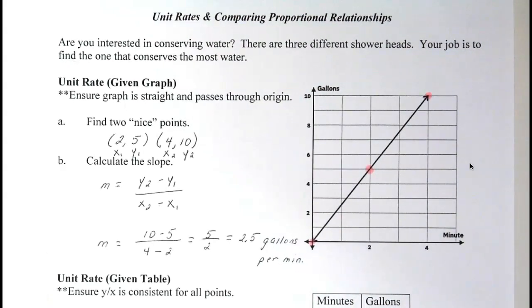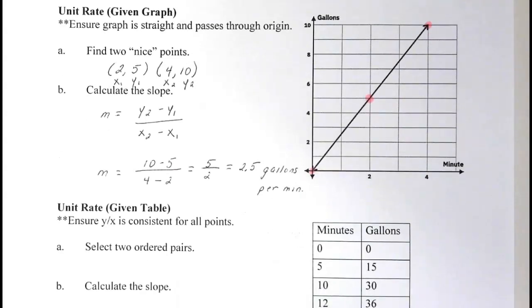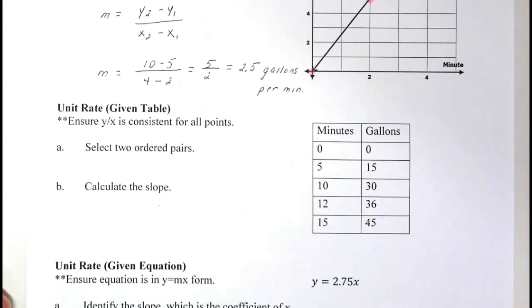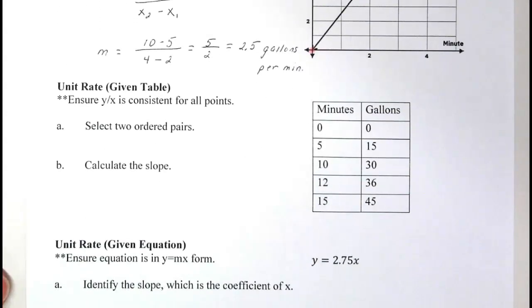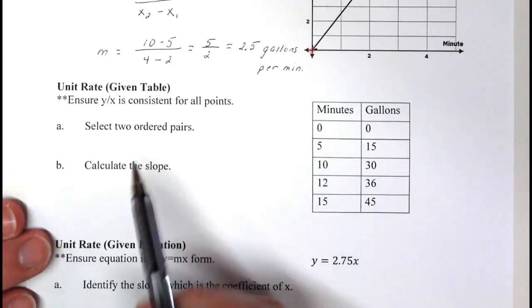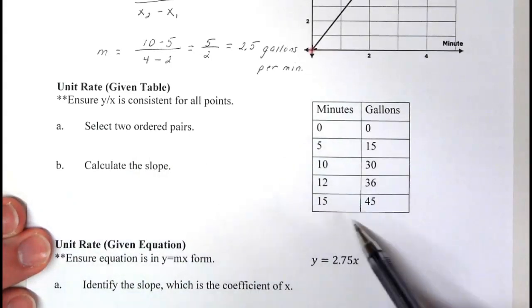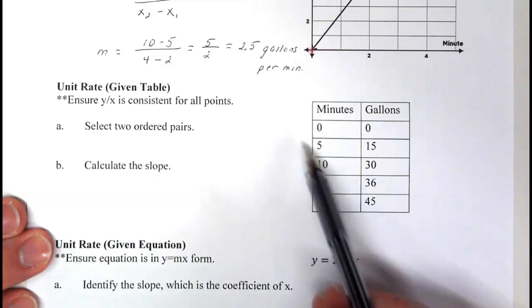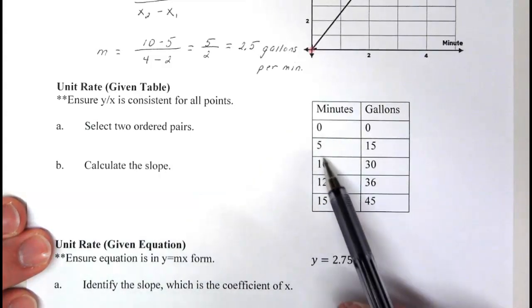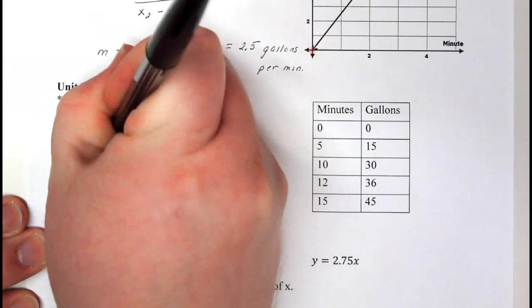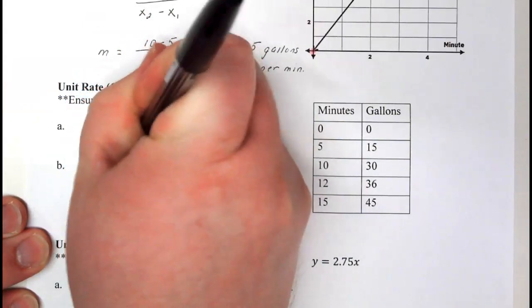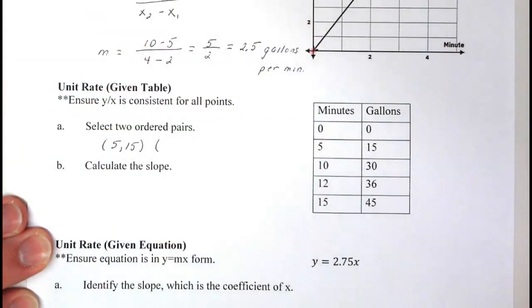Now the second shower head that we're looking at does not have a graph. Instead, it gives you a table. So let's take a look at how we do that. If it says that the table is a proportional relationship, all we have to do is select two ordered pairs right from the table. So any of these are ordered pairs. Let's say we select 5, 15 and 15, 45.